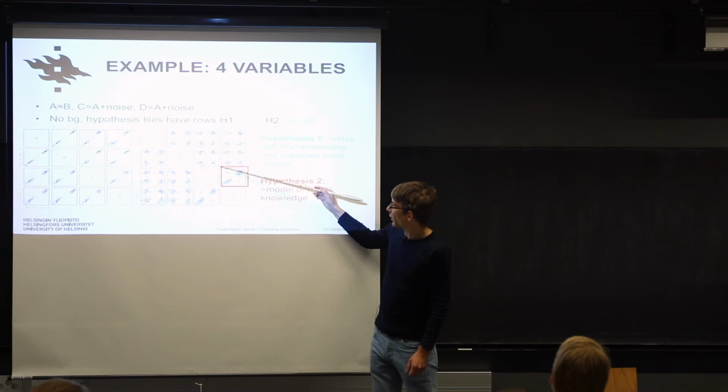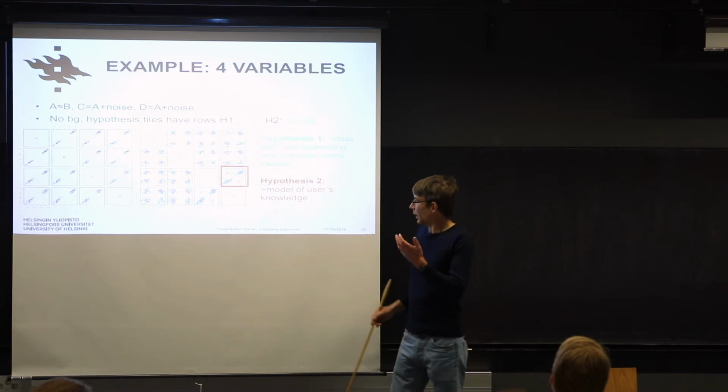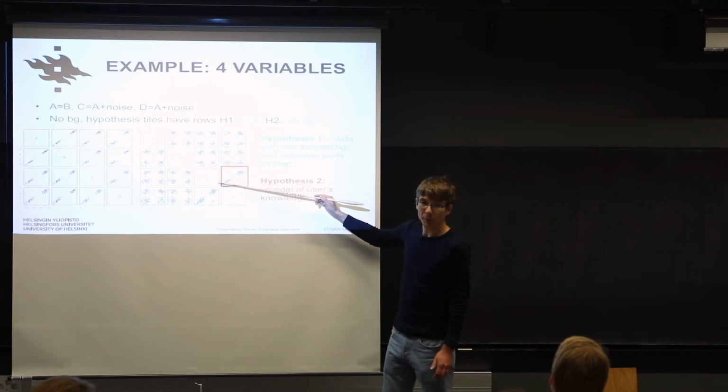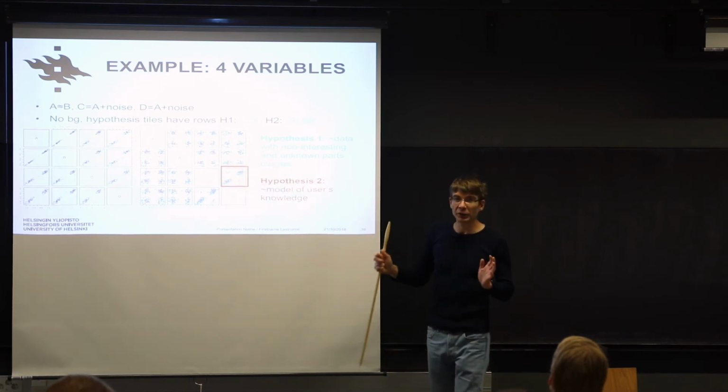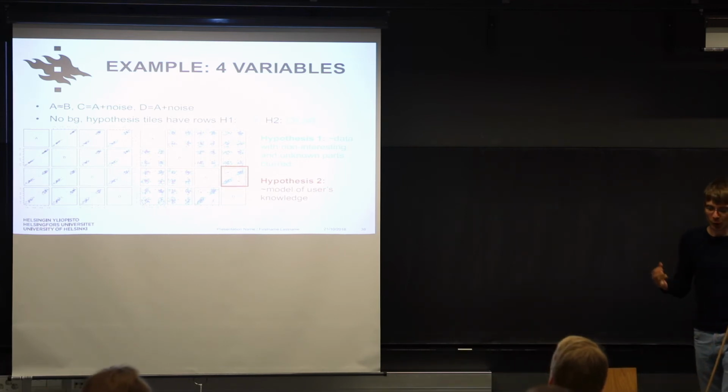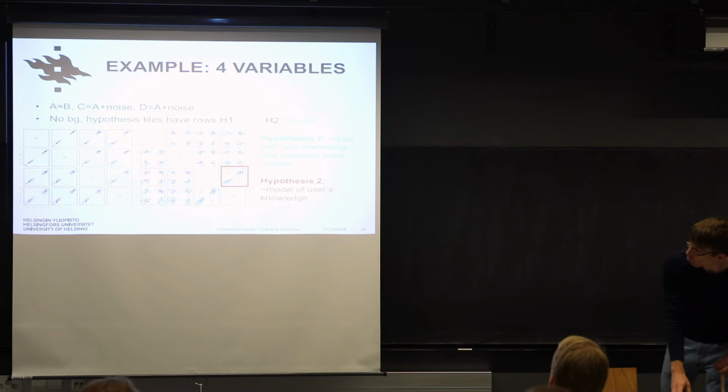And now our result is that if you want to know about the relation between C and D, you should show a plot between C and D. So this was an extremely complex way of showing you the obvious thing: to show the correlation of two variables, you should show a plot between these variables.